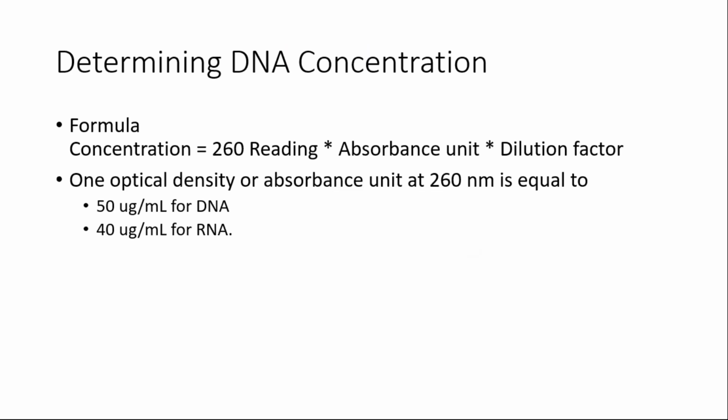But if you want to determine the concentration of the DNA, you take the reading at 260 nanometers, you multiply by the dilution factor, and one absorbance unit, that is one optical density at 260 nanometers, is equal to 50 micrograms of DNA, and one OD is equal to 40 micrograms of RNA. So depending on the absorbance, you can calculate the concentration of DNA that you have.